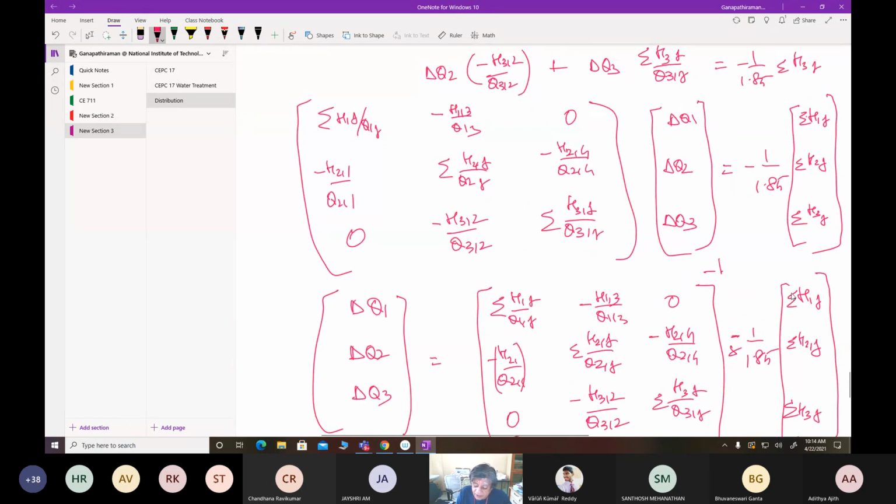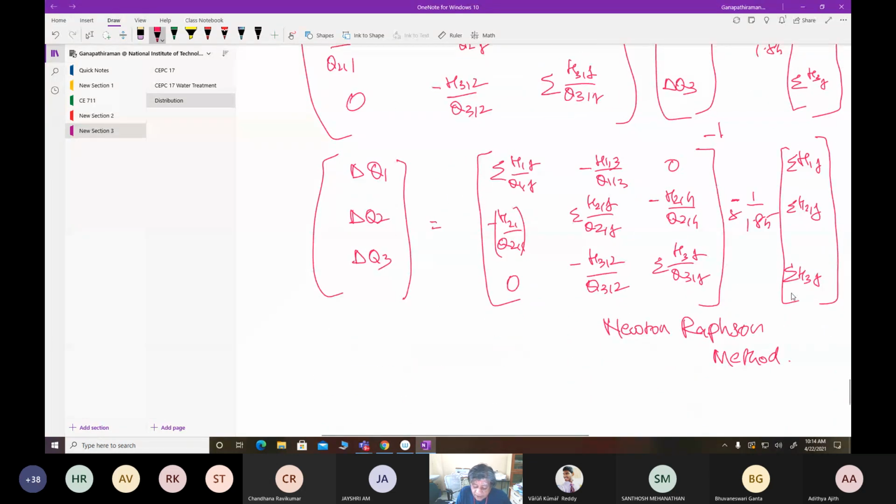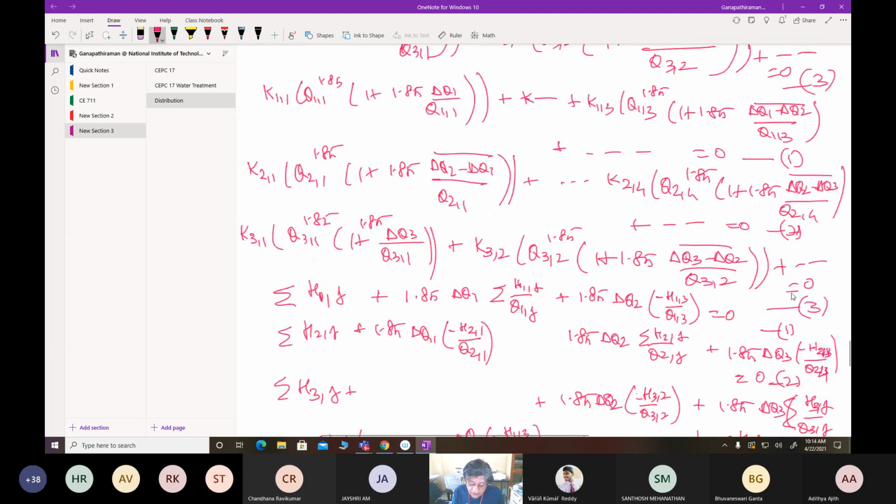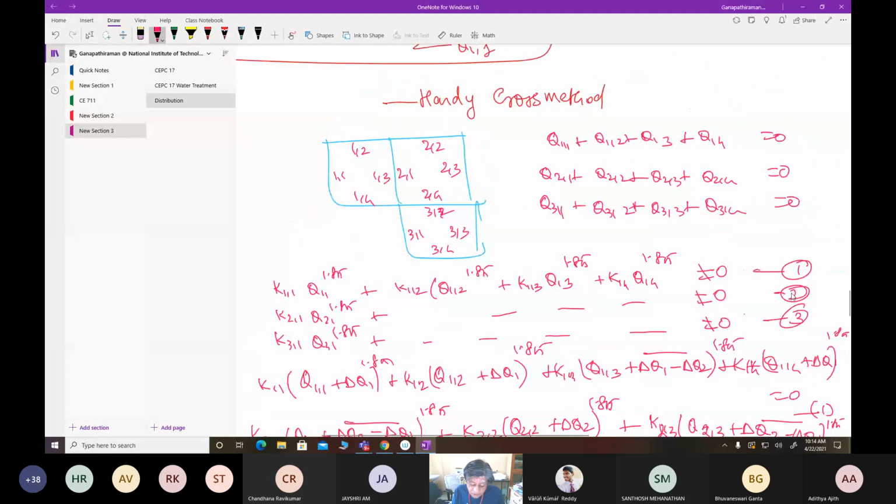This is very simple. We can construct the matrix easily. The diagonal elements are H1J, H2J, H3J by Q3J. Now, what is the pipe in common with loops 1 and 2?